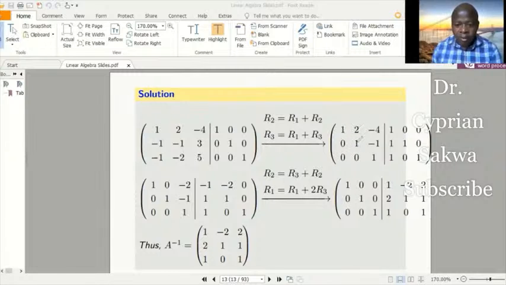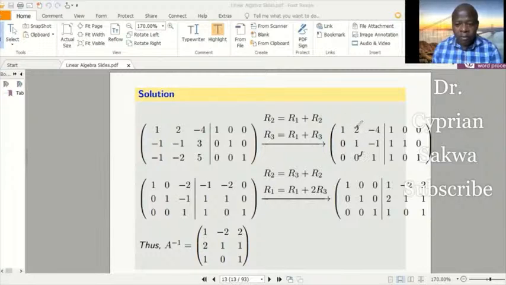So I count the second column, and in this second row, second column, I have this element. I want this element 1 to be the only non-zero element in column 2. So I need this to be 0. This one is already 0, so we are very fortunate here. This one must be 0.